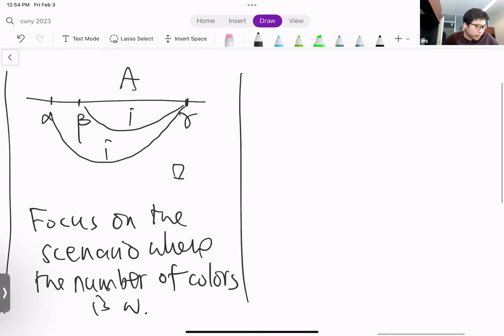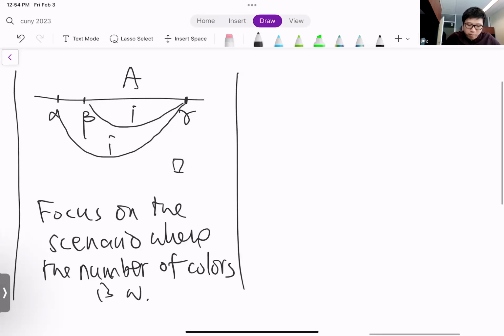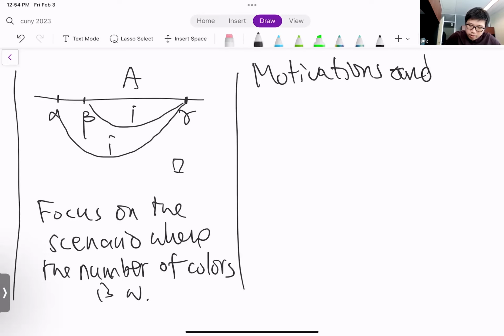Okay. So before I mention the main result, let me mention a few recent applications and also motivations regarding why people think about these partition relations.